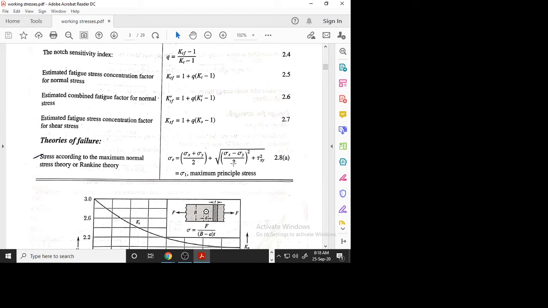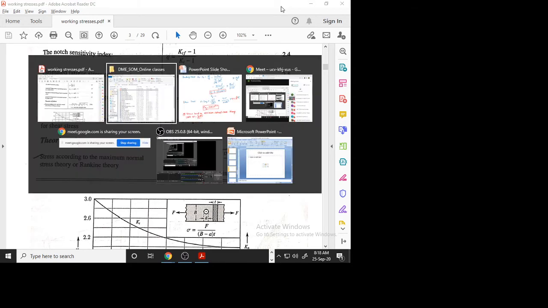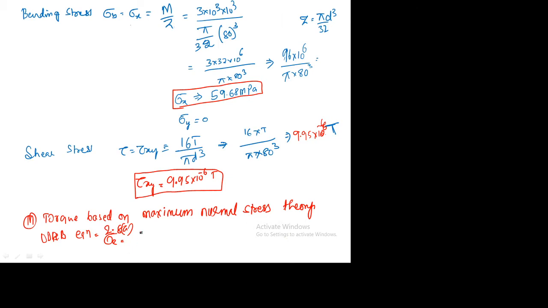So sigma E equal to sigma x plus sigma y divided by 2, plus square root of sigma x minus sigma y divided by 2, the whole squared, plus tau xy squared. Now let us substitute values. So sigma E is 123.96 megapascal.